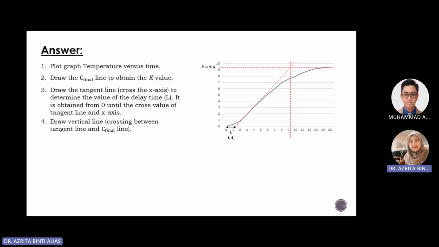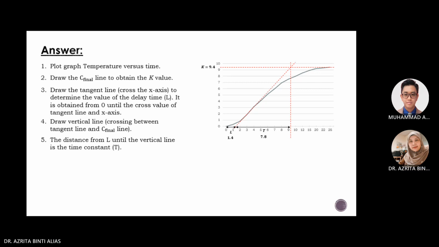The distance from here until here is known as our T value, or time constant. Here we get 9 point something, and then you minus 1.4. So the T value is equal to 7 point something.